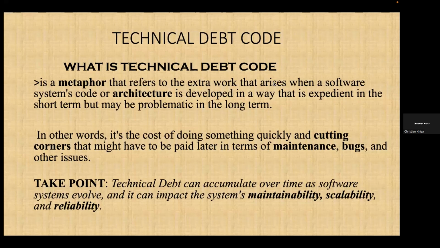That means we've introduced a bug to our system, because you've just cut the corner. When you introduce the bug, remember, this code might be the one that is running 10 years from now, or 20 years from now, or 15 years from now.